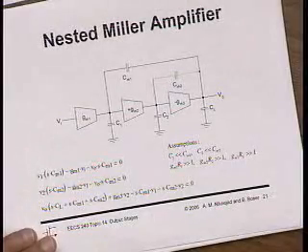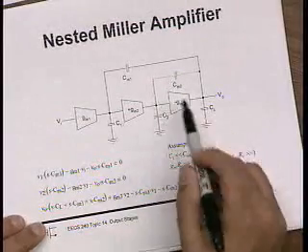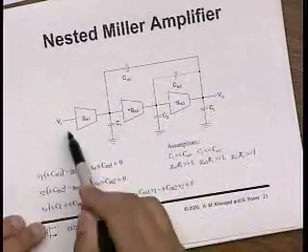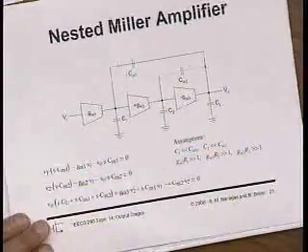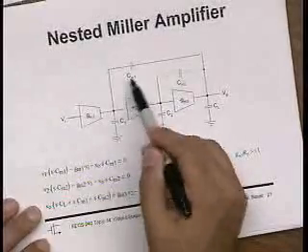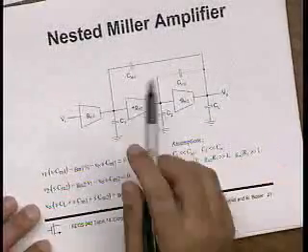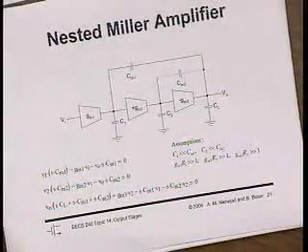Conceptually, this is a Miller stage, this is a Miller stage. I can even add another stage here and put Miller feedback around it. That's why it's called nested Miller, because you have a Miller feedback stage within another Miller feedback stage.